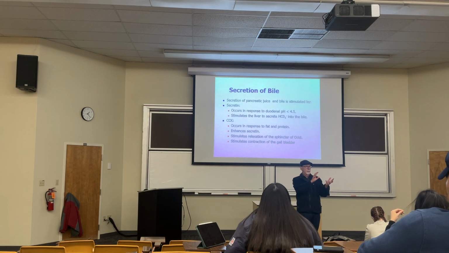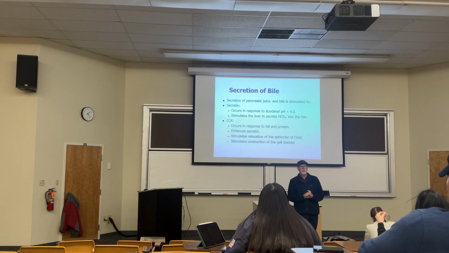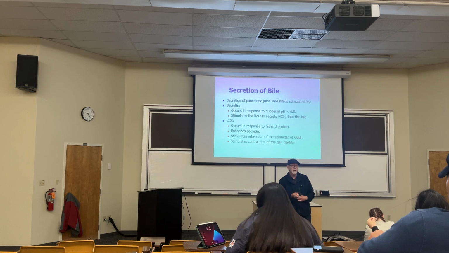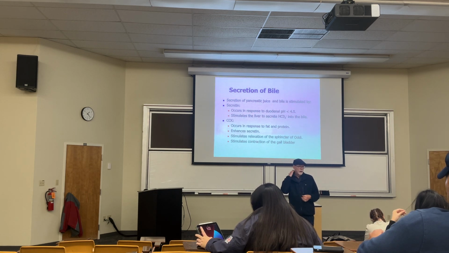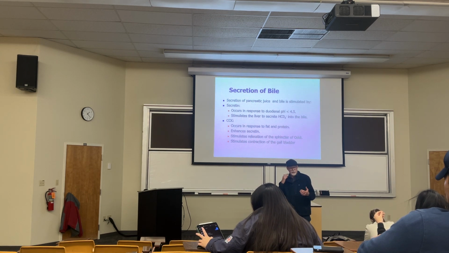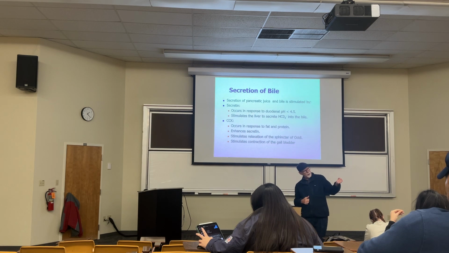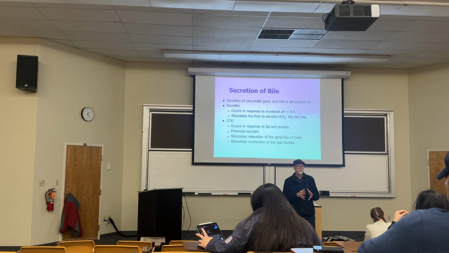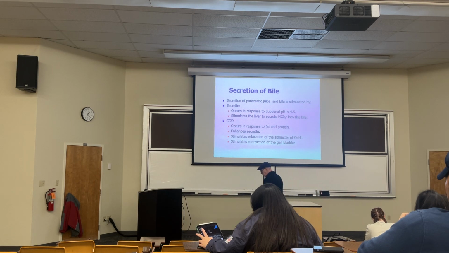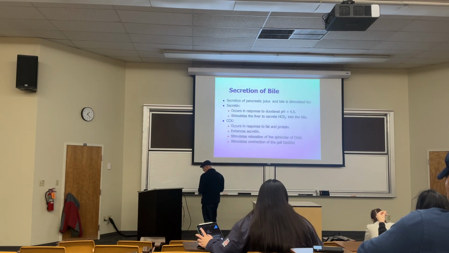The stored bile in the gallbladder is waiting for a meal, especially a meal high in fats. When you have a meal high in fats, that gallbladder will contract and squirt a bunch of stored bile into the duodenum to help us.